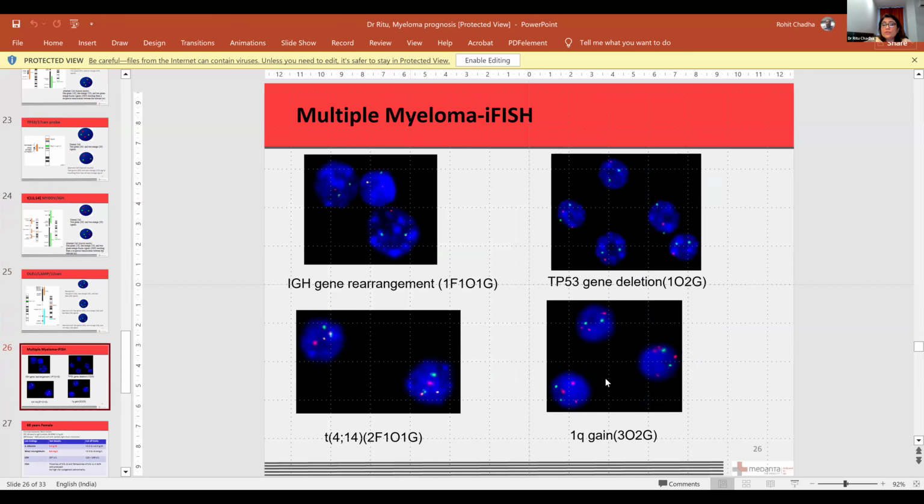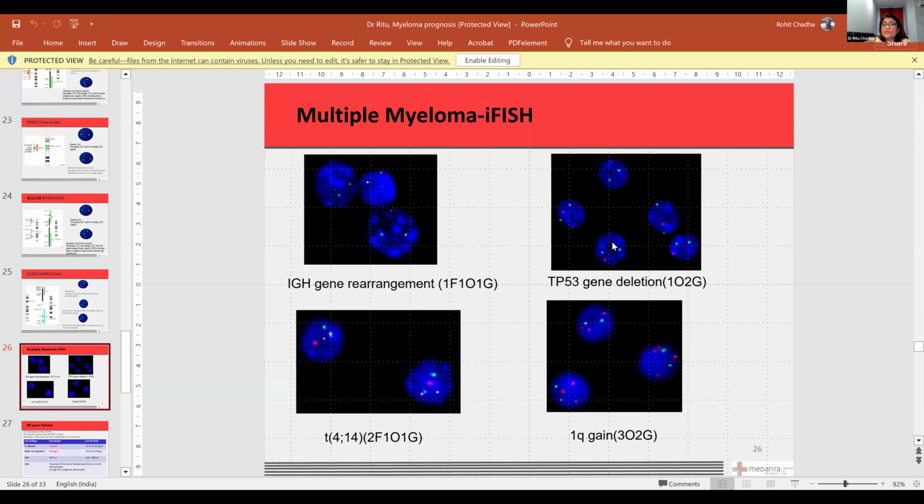Now in the lab scenario, this is a fluorescence microscopy picture which shows the IGH gene rearrangement as loss of the fusion signal, and these two are the separated green and orange signals, so it signifies an IGH gene rearrangement.